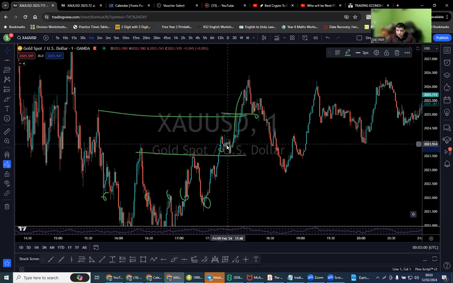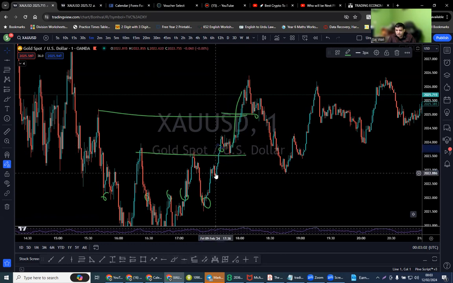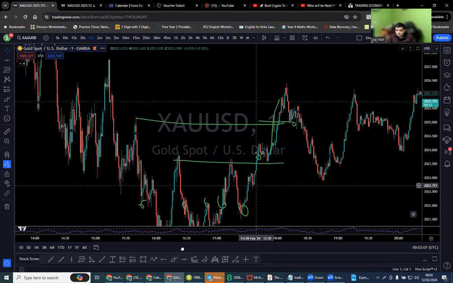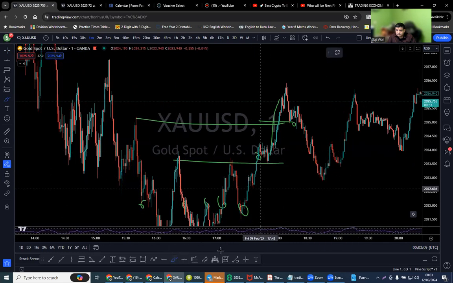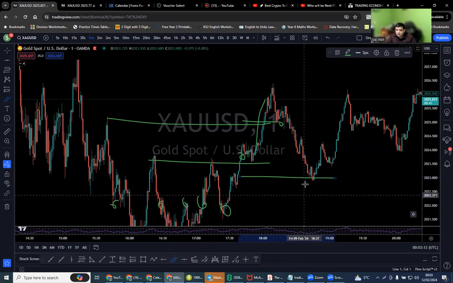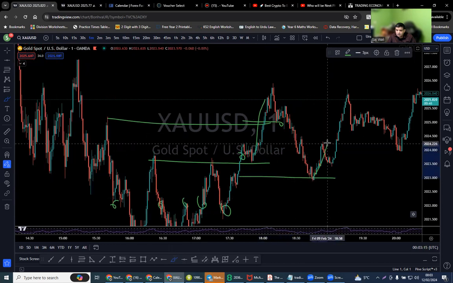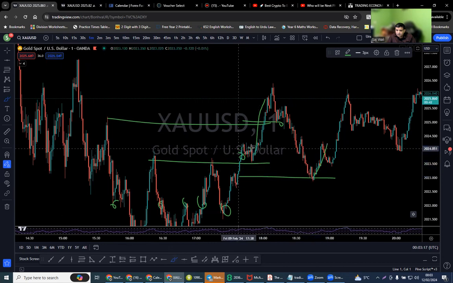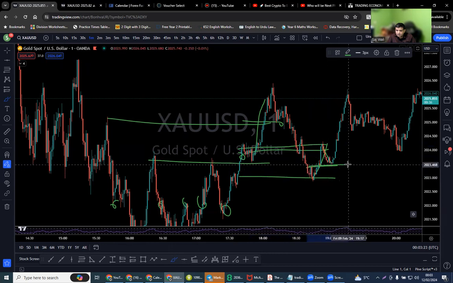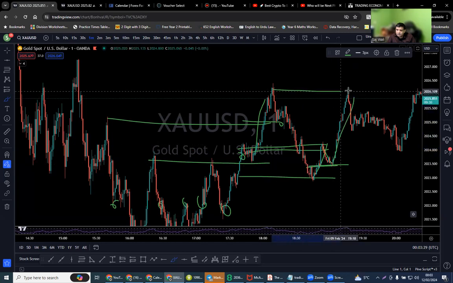That level didn't work. So the next level was this one. And there was a reaction on this level here. The market came down, tested this level, and went to the upside to this level.